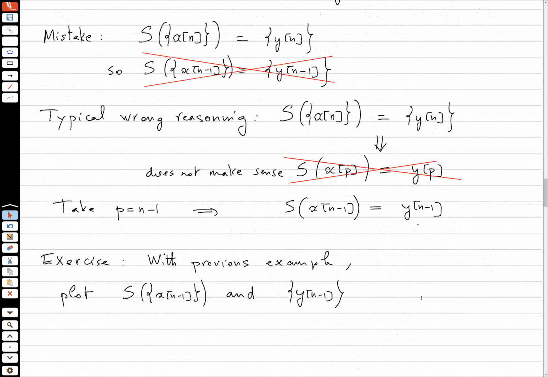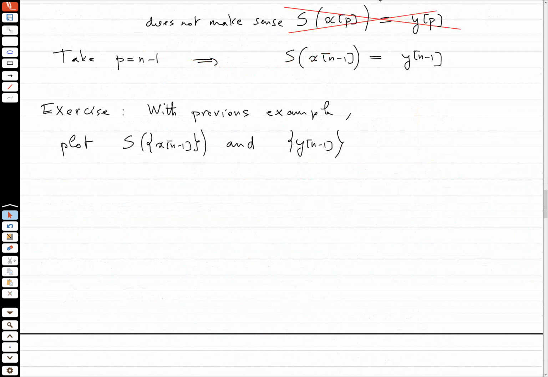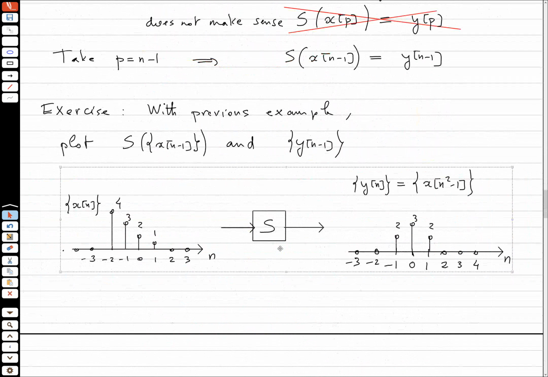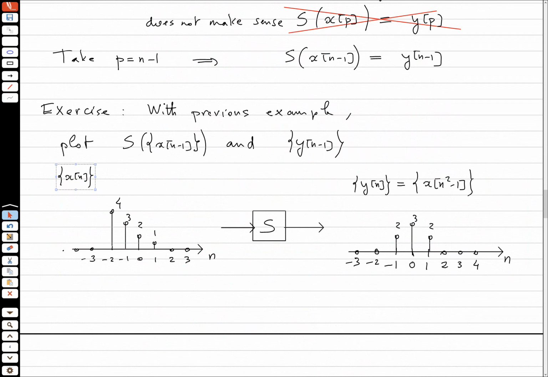All right, so let's plot that. I want to plot this, okay?